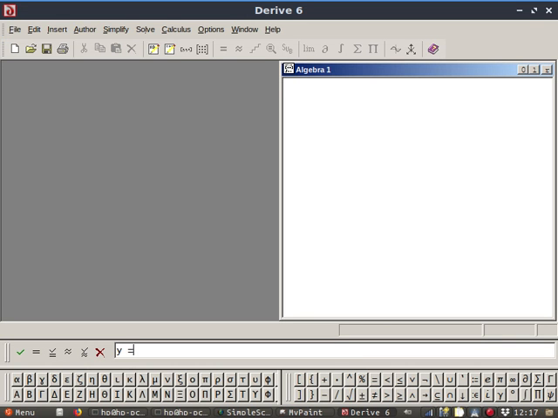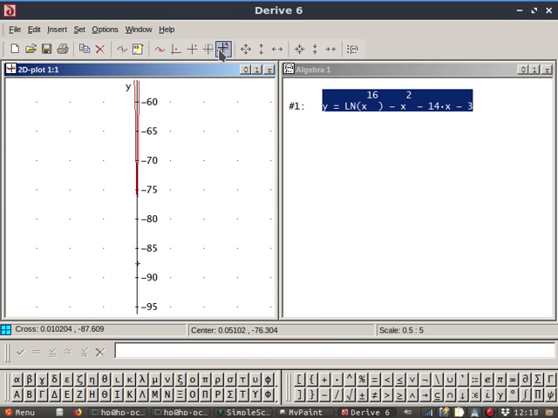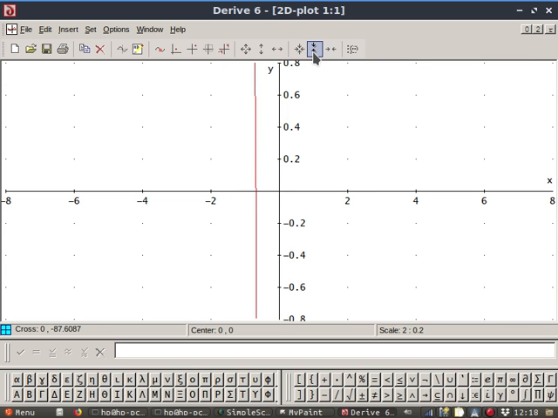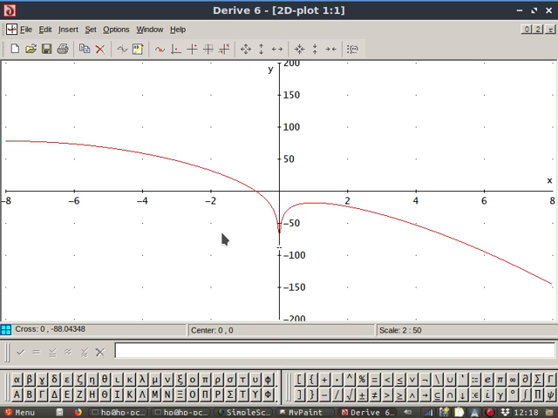What was the function, please? y equals log of x to the power 16. How far do I need to go? Minus 8, isn't it? And then, what's the biggest number? 100, wasn't it? Right, let's check this out. Actually, let's go a bit further.